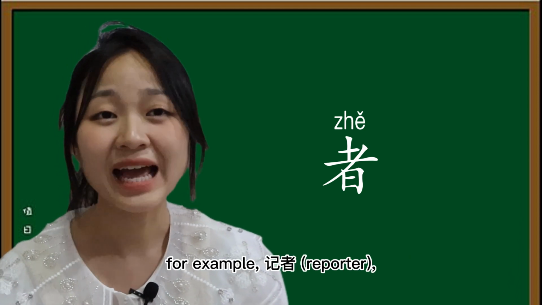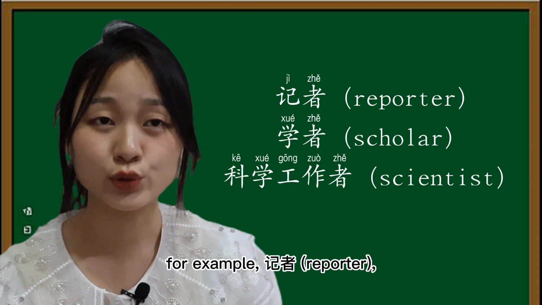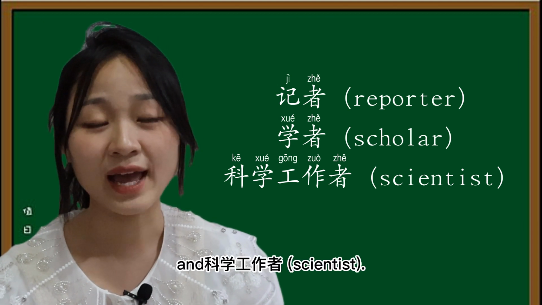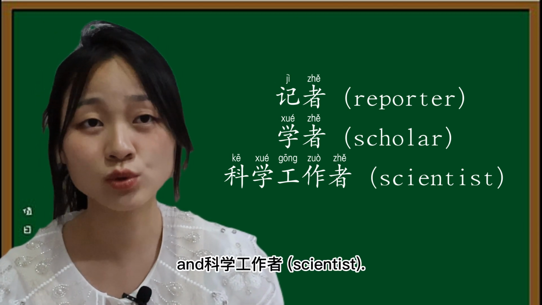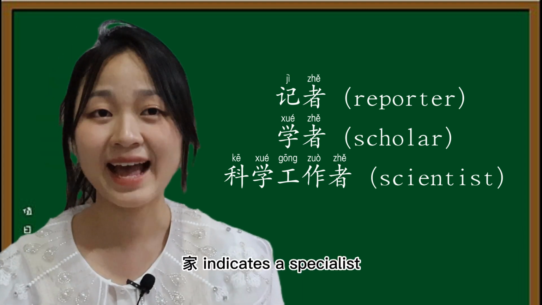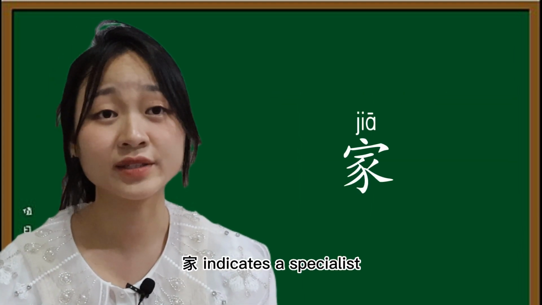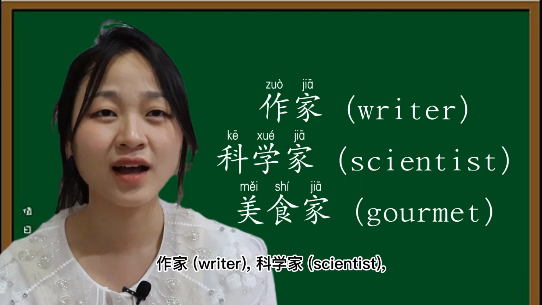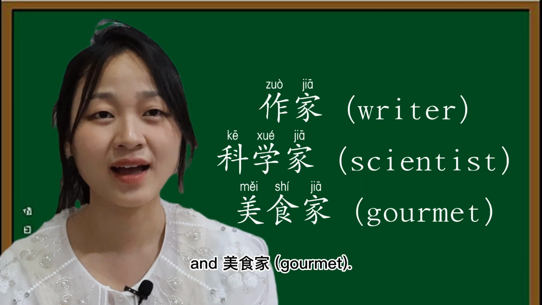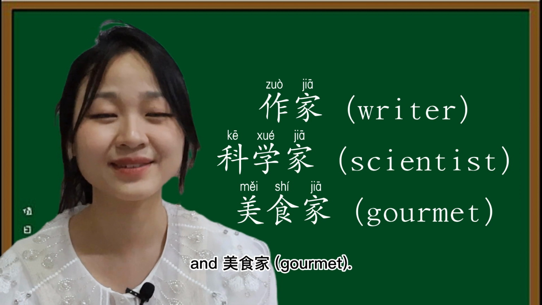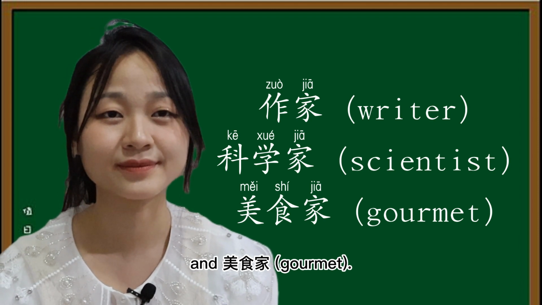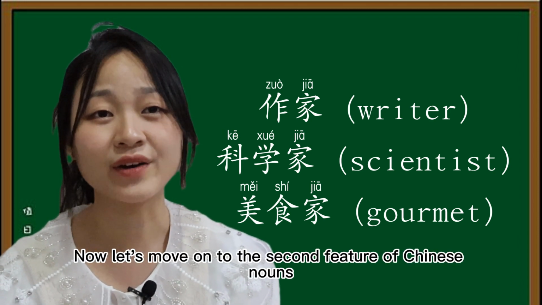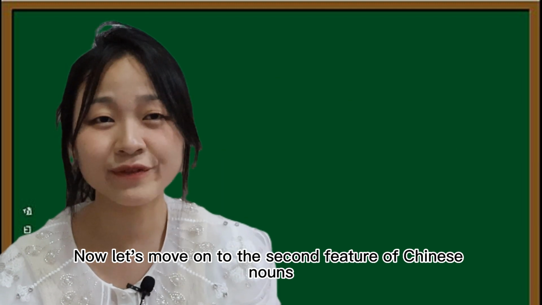For example, 记者, 学者 and 科学工作者. 家 indicates a specialist, as in 作家, 科学家, 美食家. Now, let's move on to the second feature of Chinese nouns.